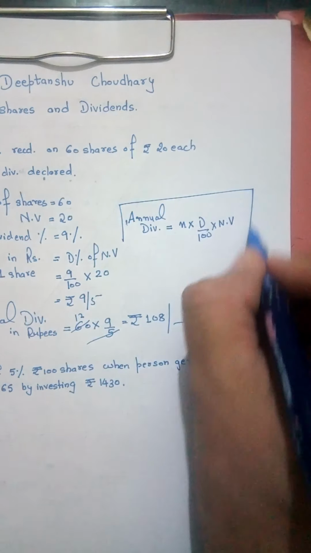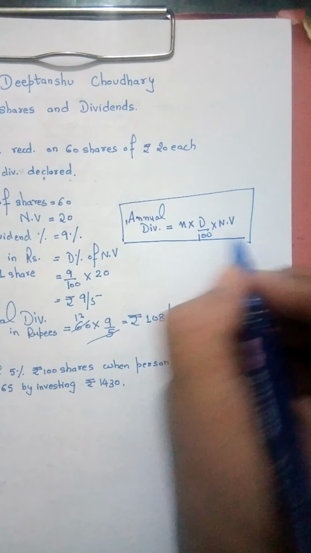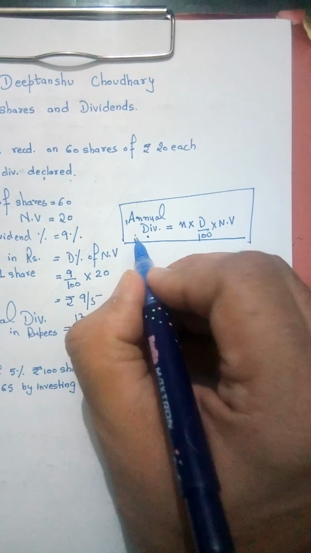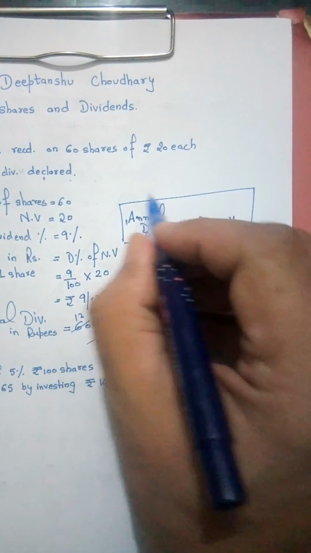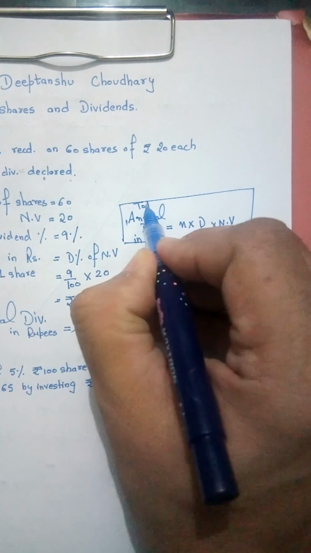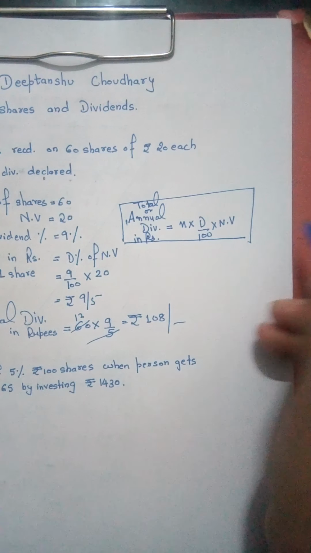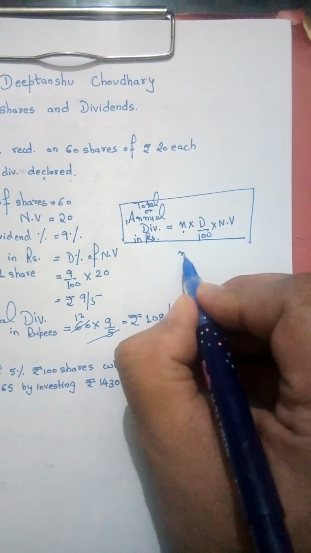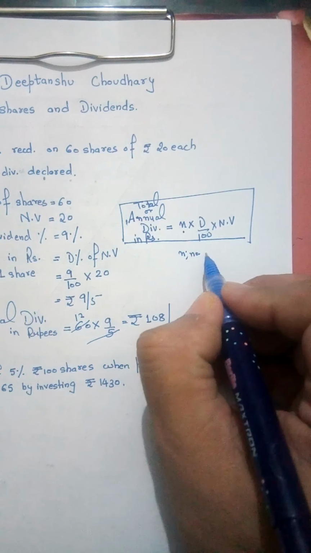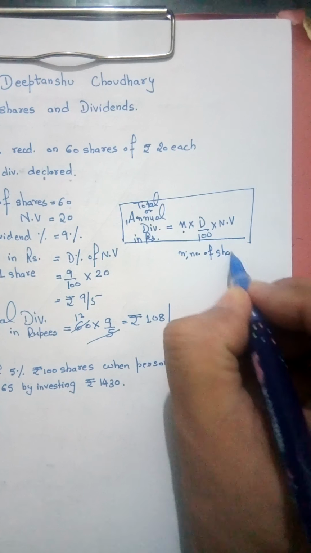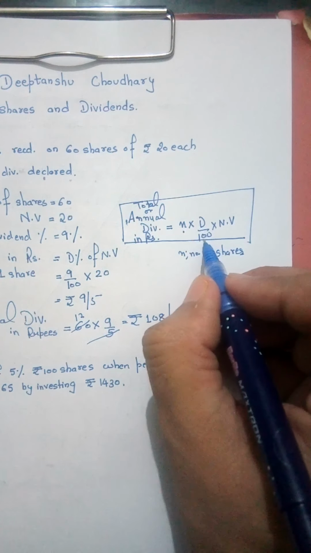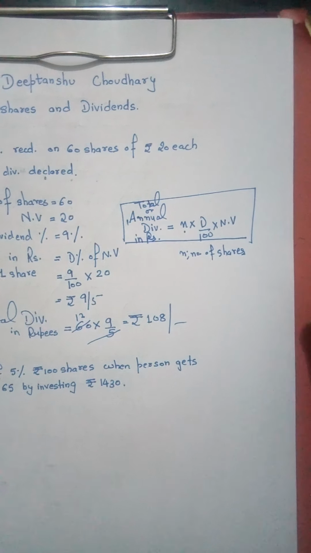So that way you can remember. So annual dividend or the dividend in rupees, total or annual dividend in rupees is equal to n, where n here means number of shares, into d% of nominal value. Same thing I have done.